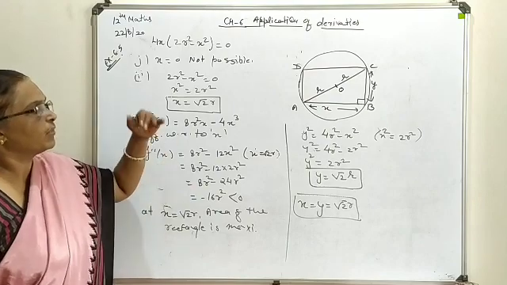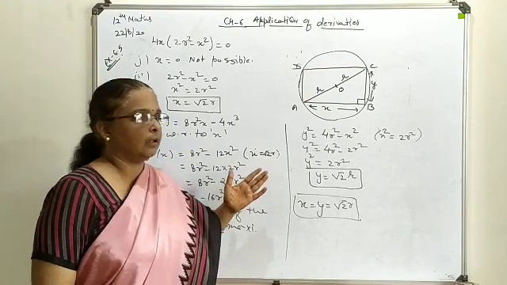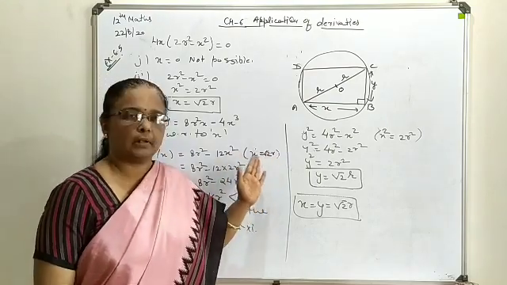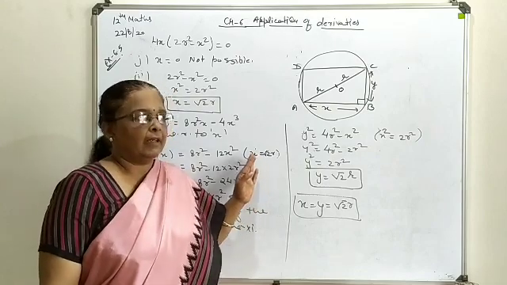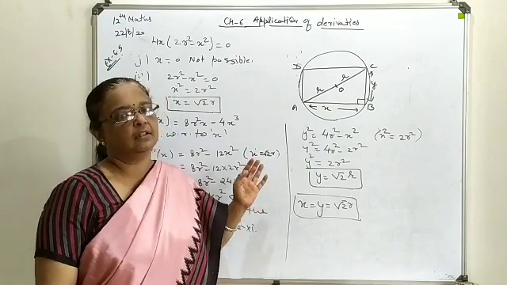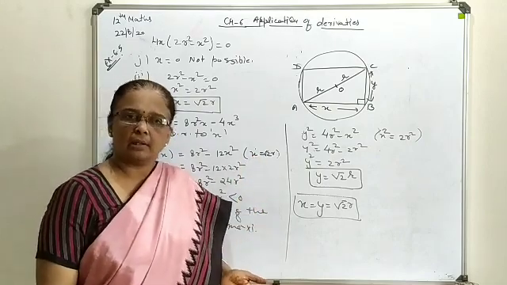So this way, the rectangle inscribed in a circle will have a maximum area with a square shape.